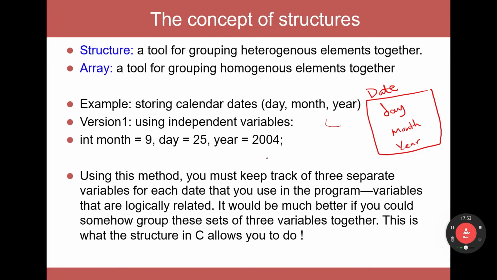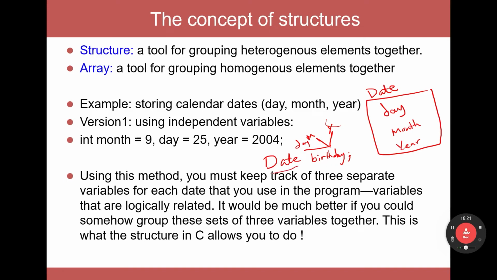I can say, for example, date birthday. My birthday is type date. That means my birthday has 3 values: day, month, and year. So my birthday is combining 3 variables inside it.